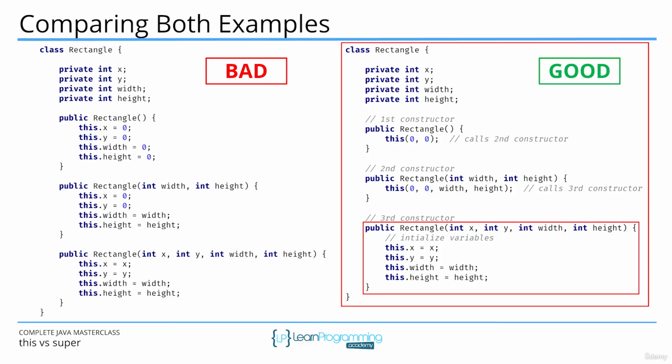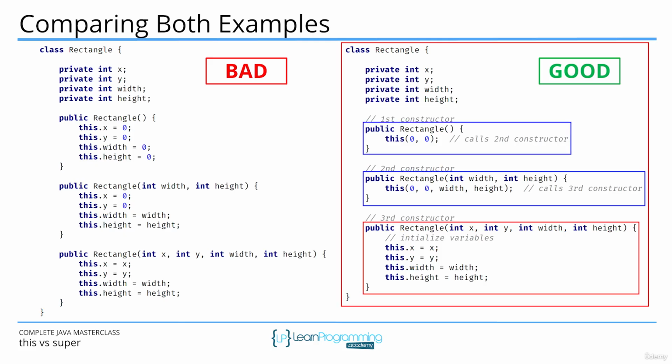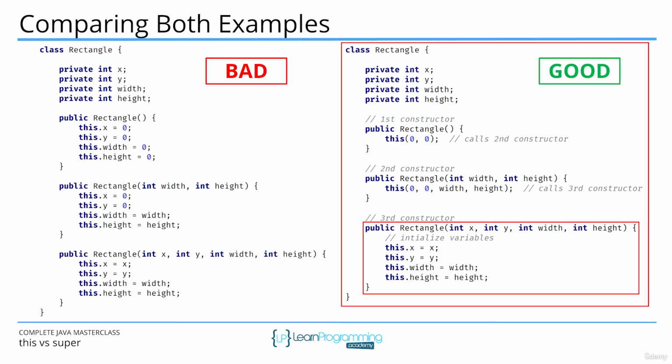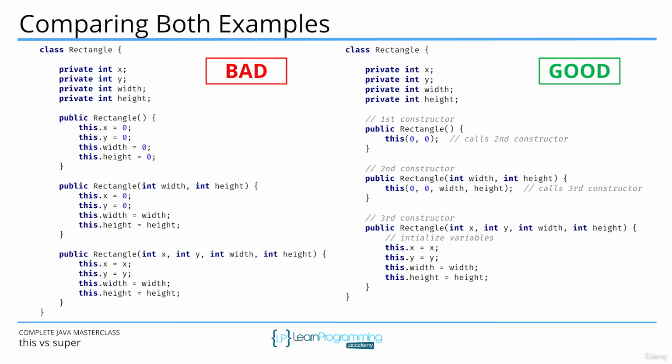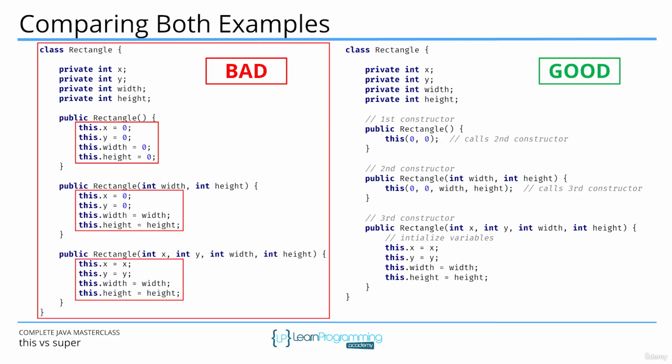I've got one constructor that initializes variables, and the other constructors are just calling each other. Ultimately, we end up in the third constructor, and that's again called constructor chaining. With constructor chaining, we can and do avoid code duplication. By the way, duplicated code can lead to many bugs and a lot more work on your behalf. It's also bad practice as a rule to write duplicate code, which of course I did in the bad example.